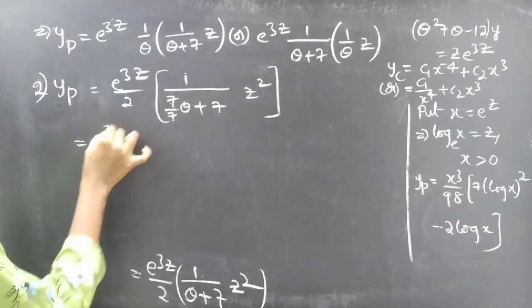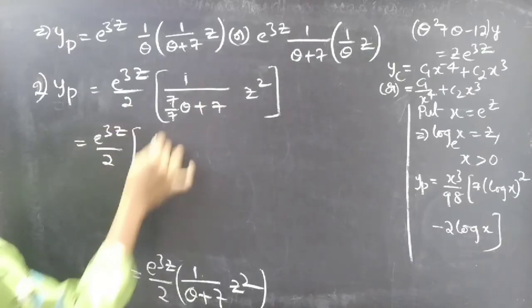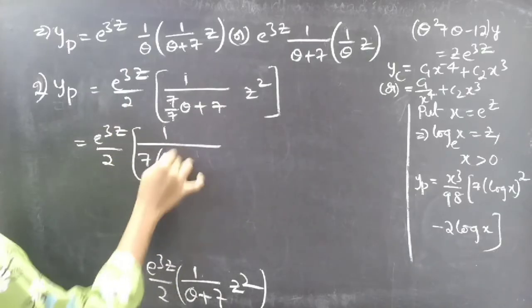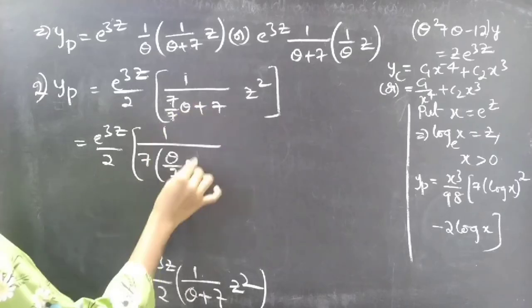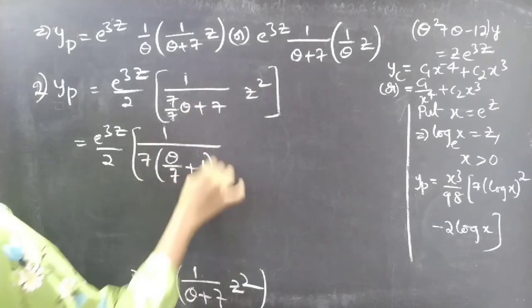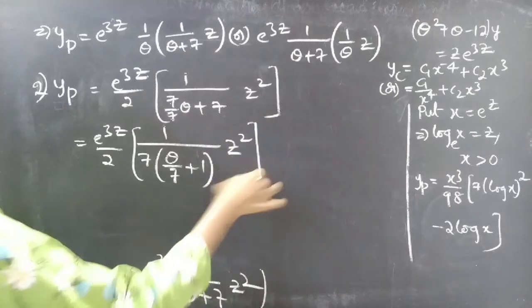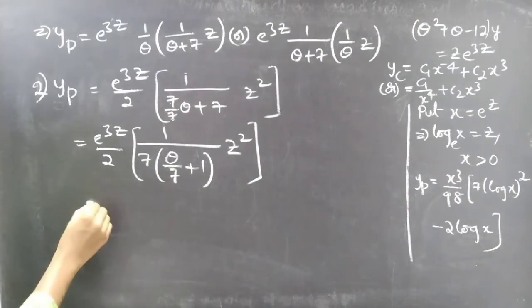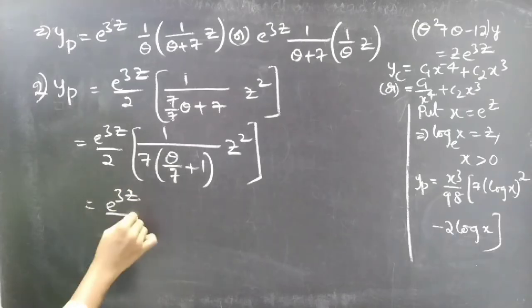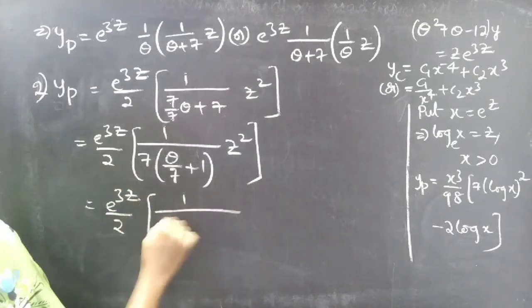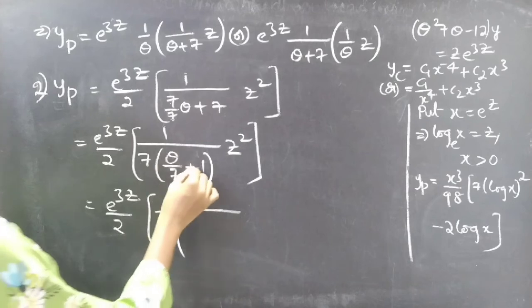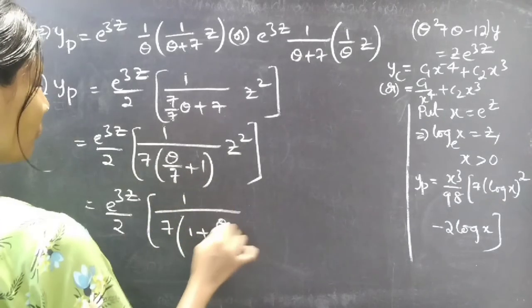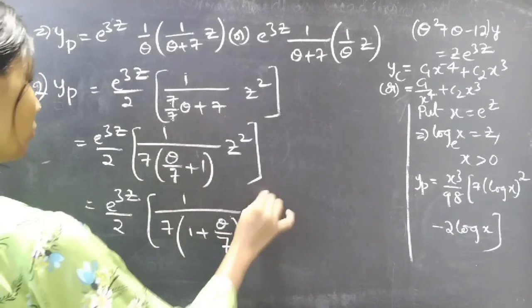We'll get e power 3z by 2 into 1 by 7 times theta by 7 plus 1 into z square. Right? This equals e power 3z by 2 into 1 by 7 into, we can write theta by 7 plus 1 as 1 plus theta by 7.